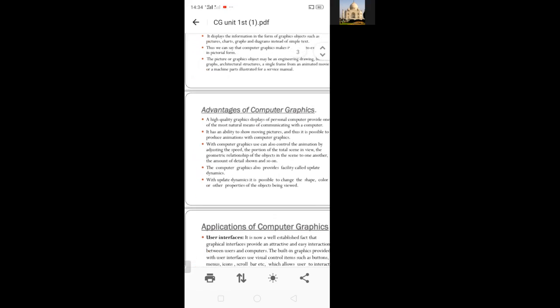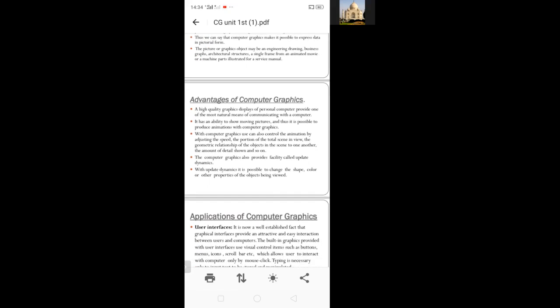With computer graphics, the user can also control the animation by adjusting the speed, the portion of total scene in view, the geometric relationships of objects in the scene to one another, the amount of detail shown, and so on.